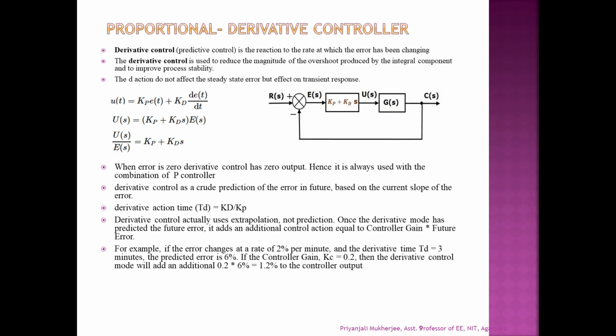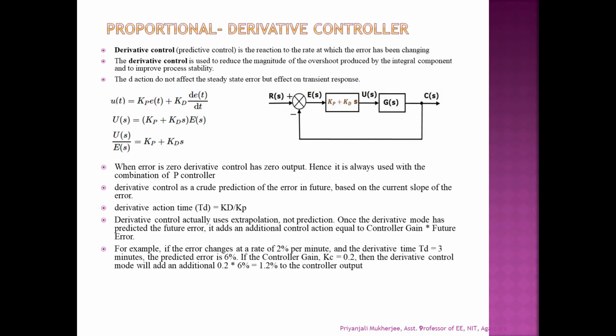So if the error is 0, then derivative control has no output. So it cannot be used alone, and it is always used in combination with the P controller, that is the proportional plus derivative controller. And the derivative control is used to reduce the magnitude of the overshoot produced by the integral component and to improve the process stability.